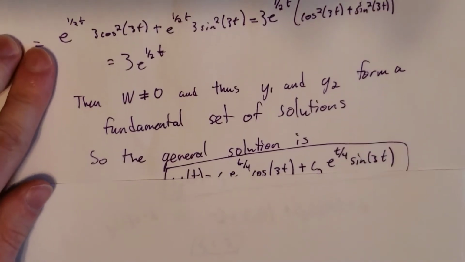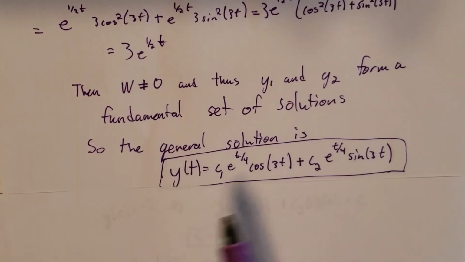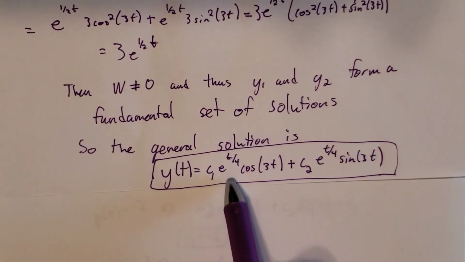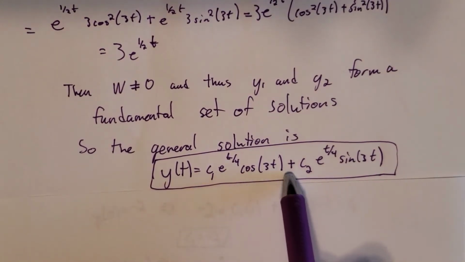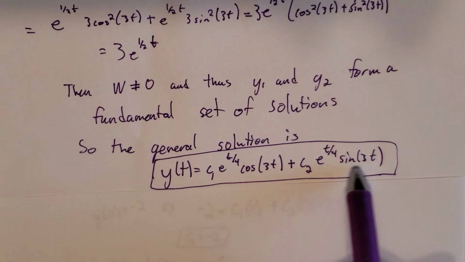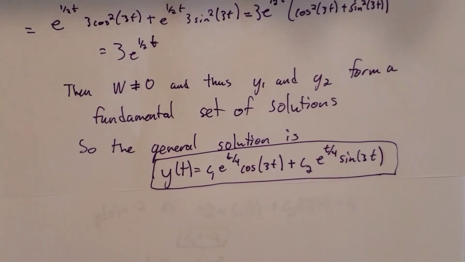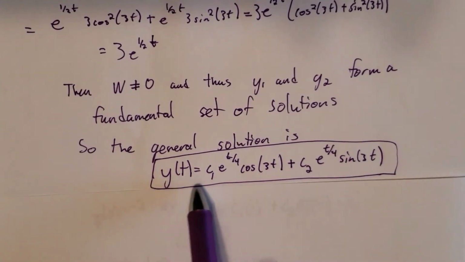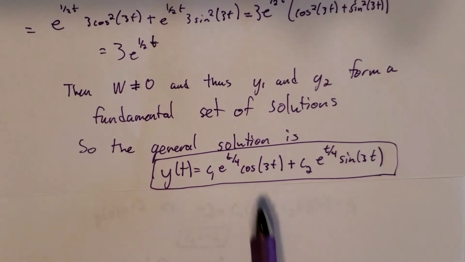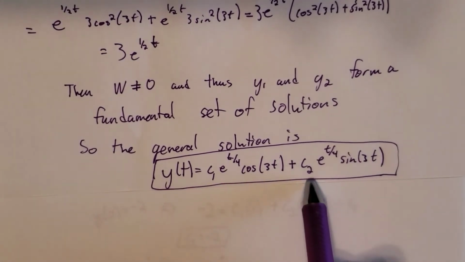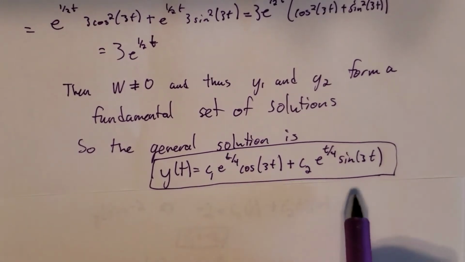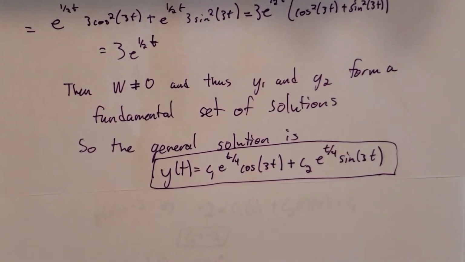What does that mean? That means the general solution is C1 times the first solution plus C2 times the other solution. So again, our general solution is y of t equal to C1 e to the t over 4 times cosine of 3t plus C2 e to the t over 4 times sine of 3t.